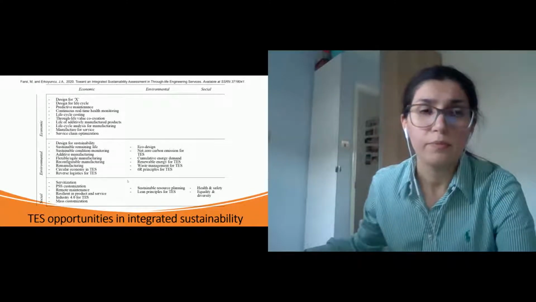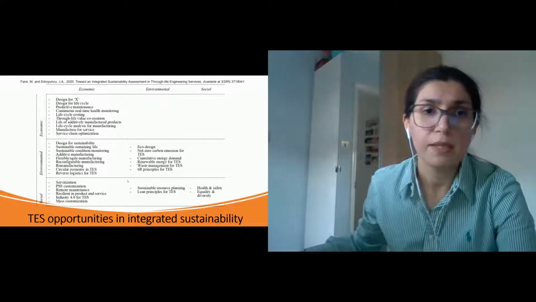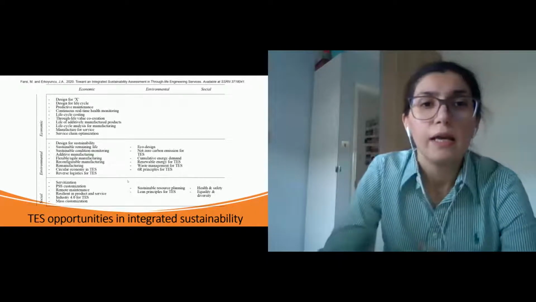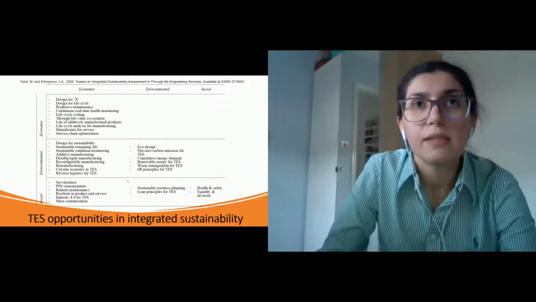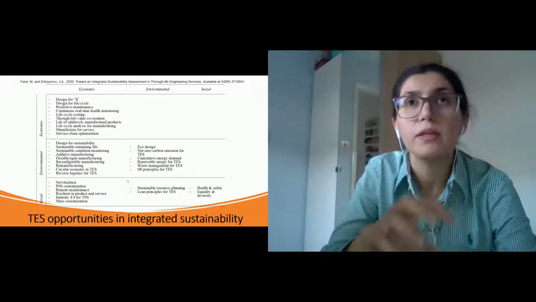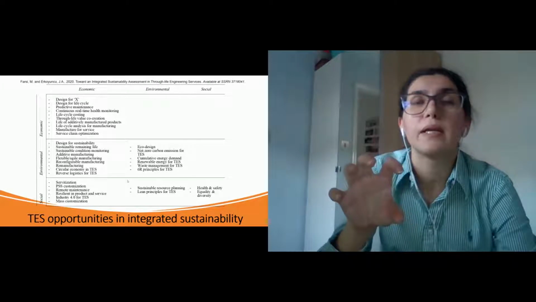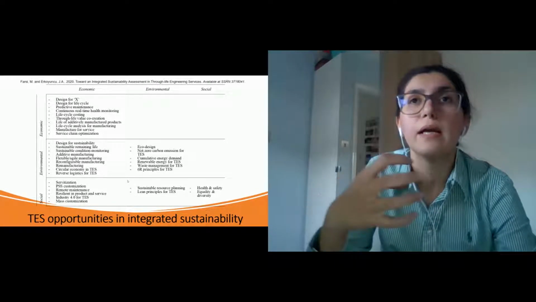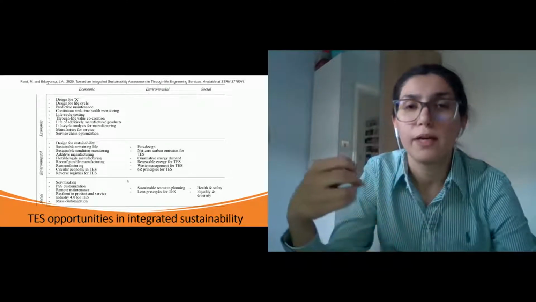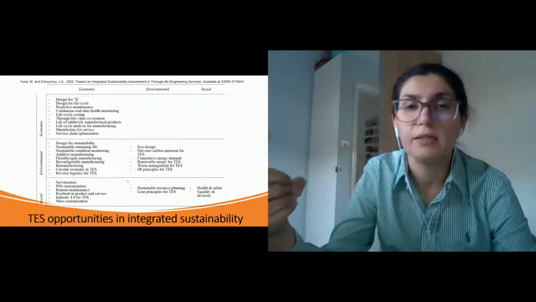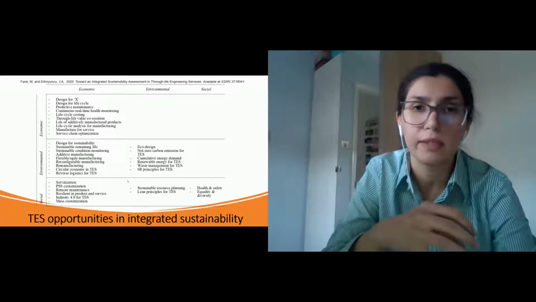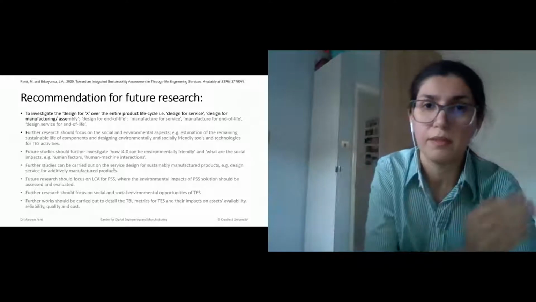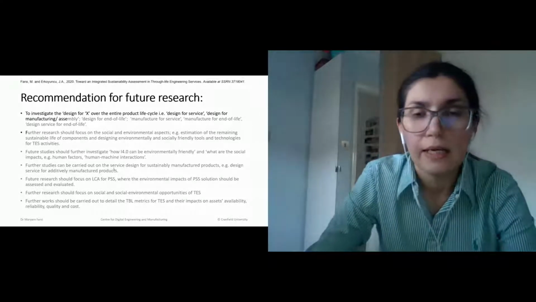So lots of studies have been done around the design for X. However, because TESS would be looking at all the feedback loops and all the updates through the product life cycle, updates from the design to manufacturing, manufacturing to service and end of life, and also getting all the feedback through the rest of the manufacturing phase and design phase.